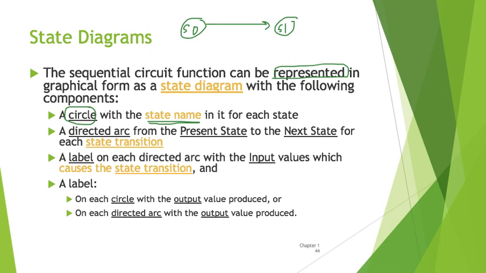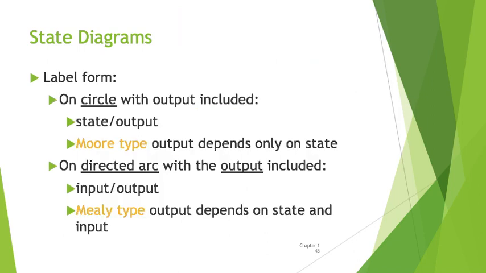Sometimes the arc carries input and output, and sometimes the output is in the circle. It depends on the type. The label is on each circle with the output value, or the output is on the arrow or arc. So it depends on the type, and based on the types we decide whether to put the output in the circle or on the arc.